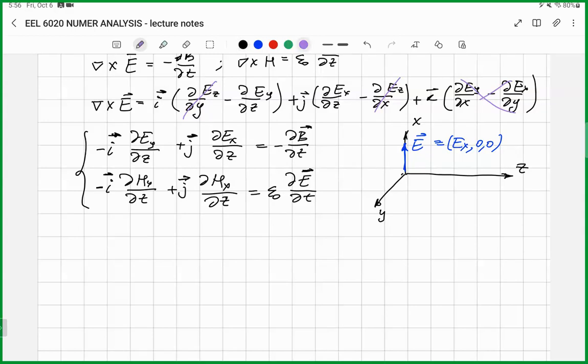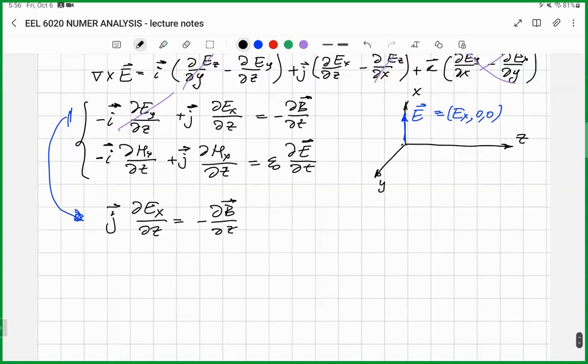So after fixing this polarization, I can now cross out this term here. And from this first equation, I get the following: j times dEx over dz equal to minus dB over dt.